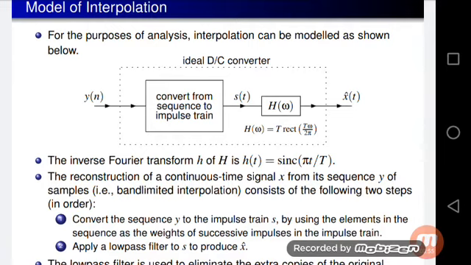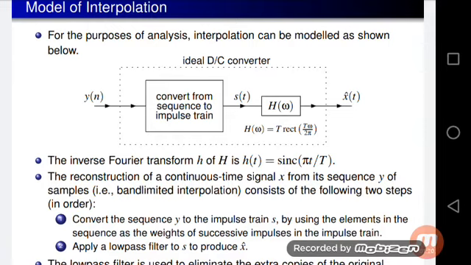It is also used to convert signals from digital to analog, and for the purpose of analysis, interpolation can be modeled as shown below. The related circuit diagram of interpolation is shown below.